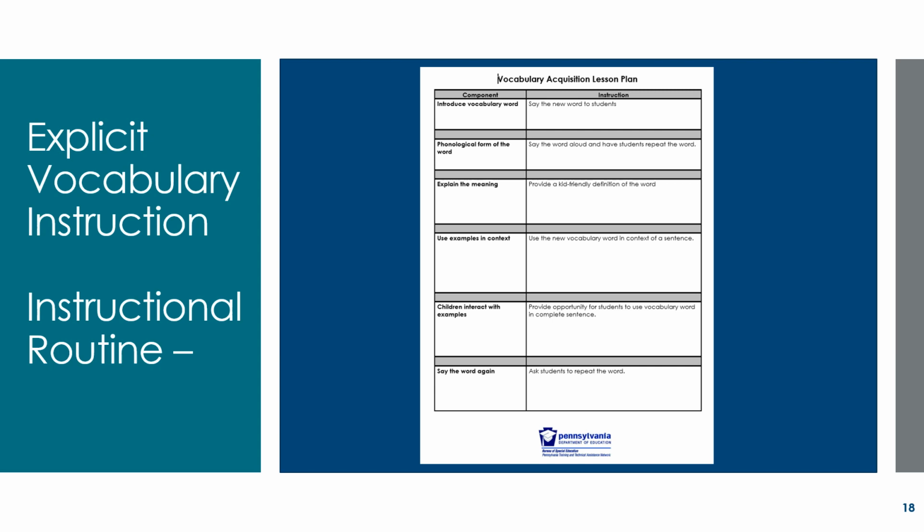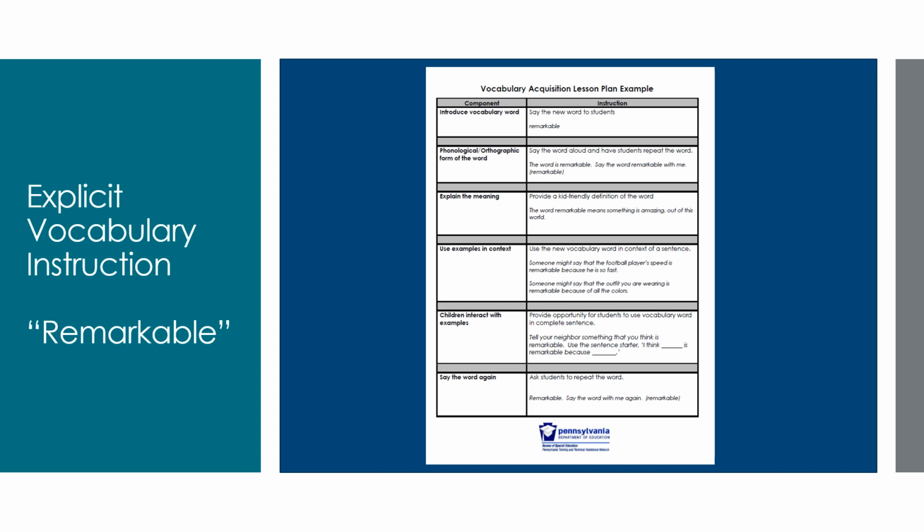The teacher would provide a student-friendly definition using terms and references that students will understand. The teacher would then use the new word in the context of a sentence and then provide students opportunities to use and apply the vocabulary word in a complete sentence. Then the students repeat the word.